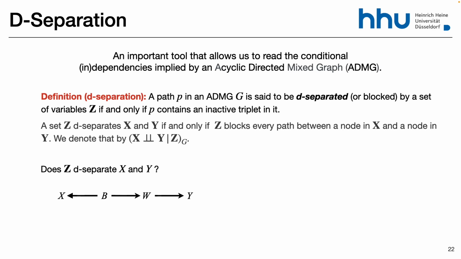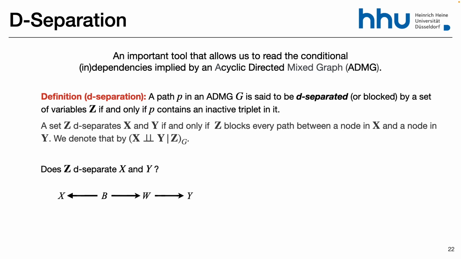I could work with sets X and Y, right? If I'm talking about sets X and Y, I have to check every path between a node in X and every node in Y. But let's keep it simple. Suppose that X is just a singleton, just one variable, and the only path between X and Y is this path here.